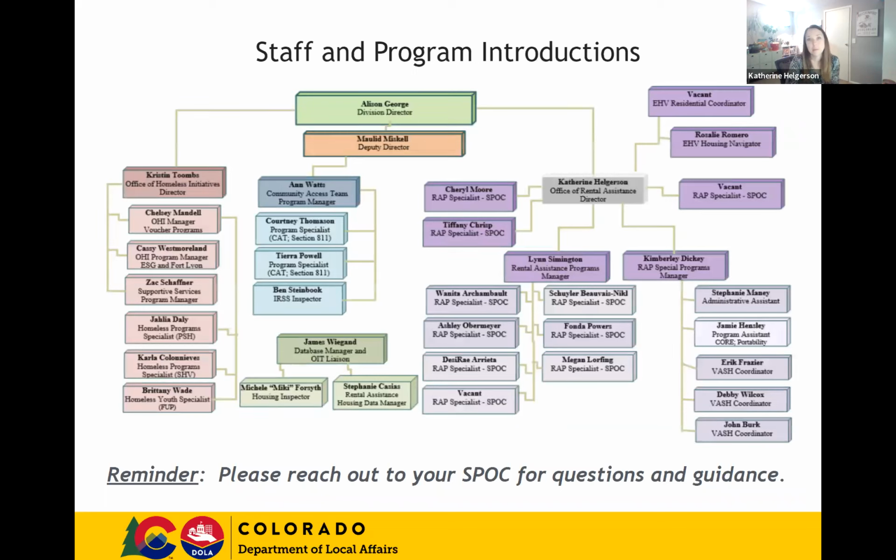I wanted to provide an updated org chart, so it might be interesting for some of you to follow along. These are the people that are on the various rental assistance programs. Some people might be missing. I tried to include the people that really do the direct rental assistance work, and I apologize if I've missed somebody or a vacant position is no longer vacant.